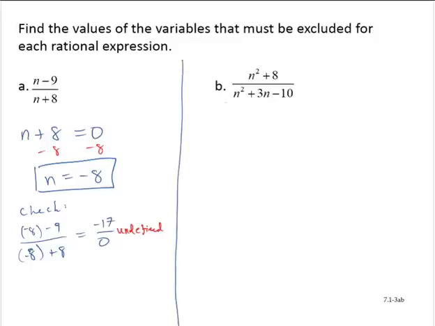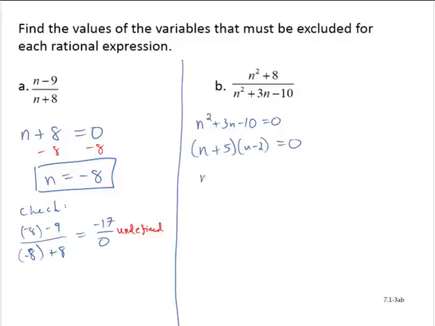Alright, exercise B, n squared plus 8 over n squared plus 3n minus 10. Again, to find out what we must exclude, we take the denominator, n squared plus 3n minus 10, and set it equal to 0. This trinomial factors as n plus 5 by n minus 2.